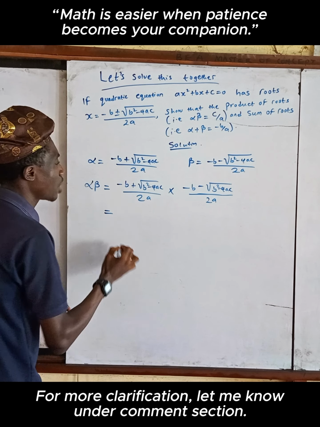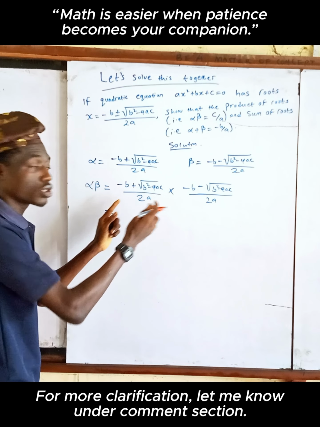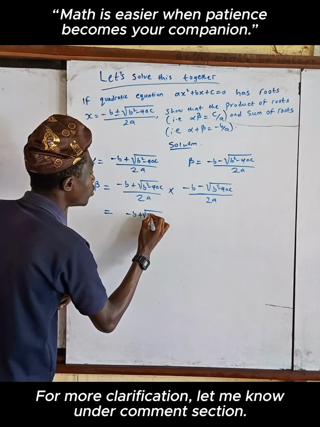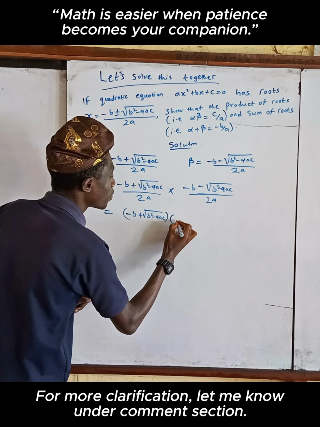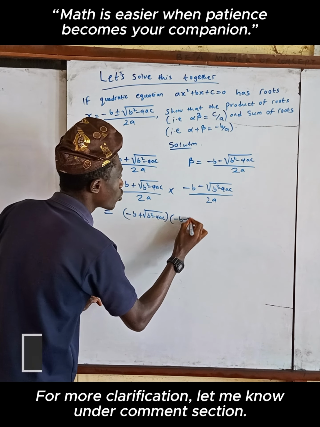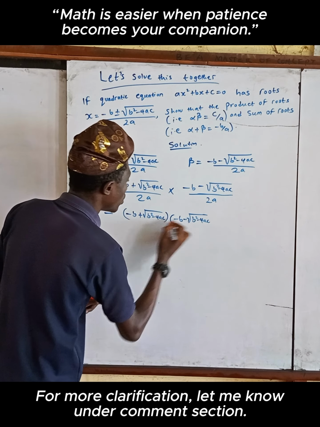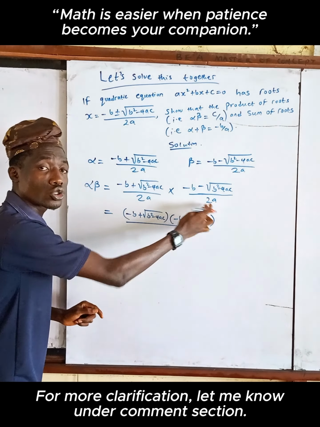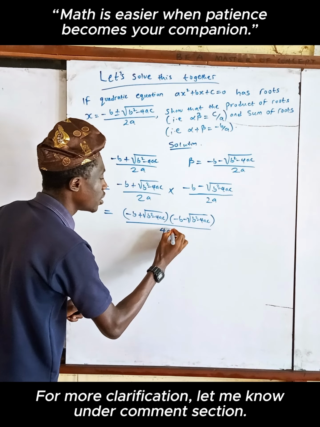We multiply the numerators and the denominators: 2 times 2 gives us 4, and a times a gives us a squared.